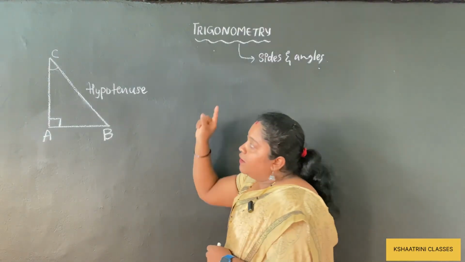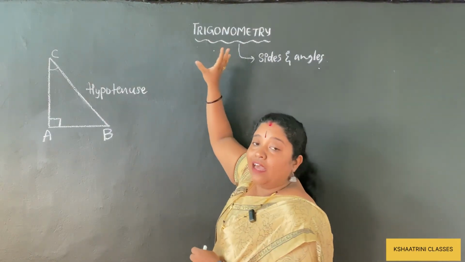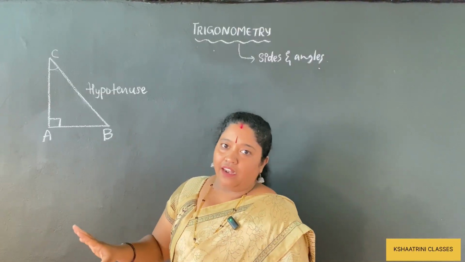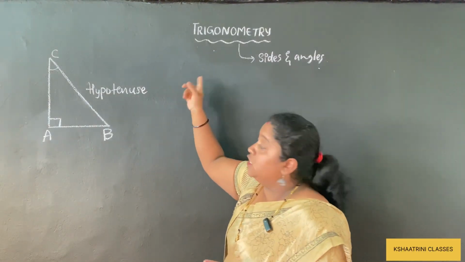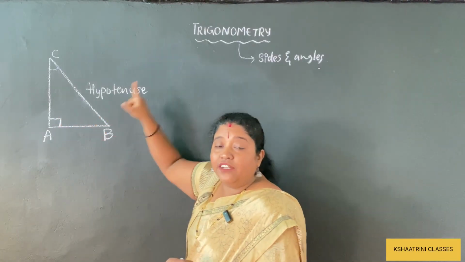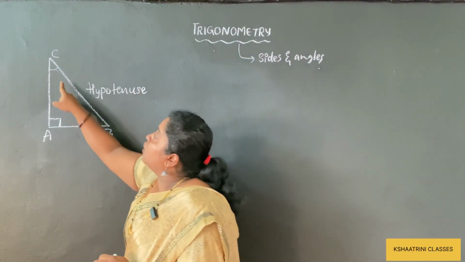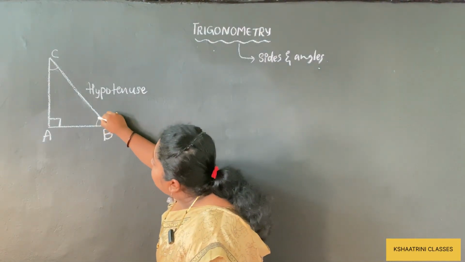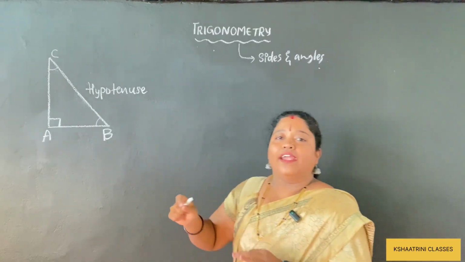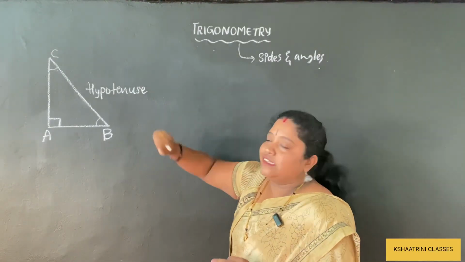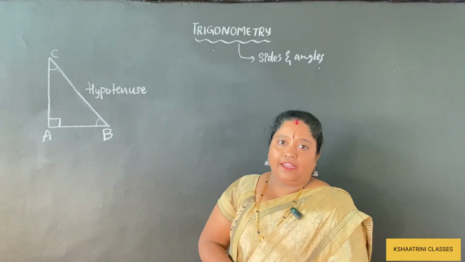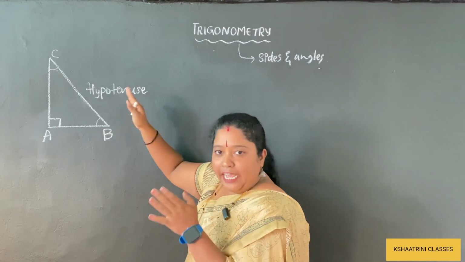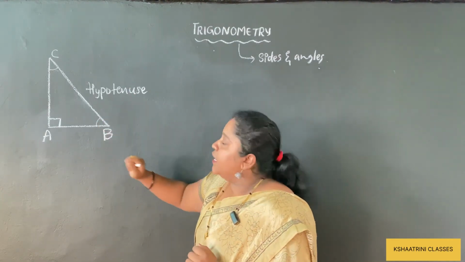I told you trigonometric ratios are applied only to acute angles of a right angled triangle. We are not applying trigonometric ratios to the right angle. We apply them only to acute angles, so with respect to whichever acute angle you are writing trigonometric ratios, you have to name the sides in the diagram accordingly.